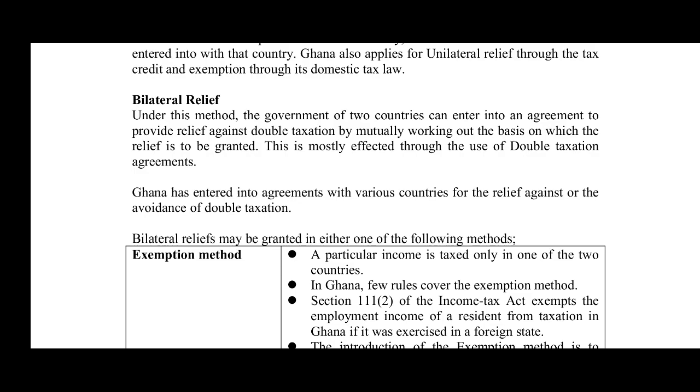Ghana has entered into double taxation agreements with various countries for relief against the avoidance of double taxation. Okay, so one thing is that this agreement, the double taxation agreement, exists to prevent tax avoidance and also to relieve people from double taxation.